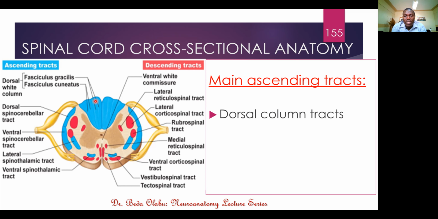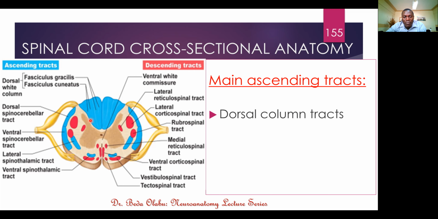So I'll repeat: vibration, proprioception, fine touch, and 2-point discrimination. Those are the kind of sensations which are relayed by the neurons found within the dorsal column.